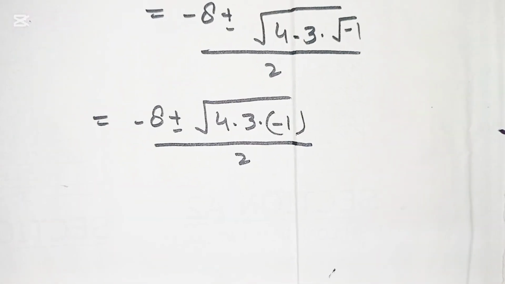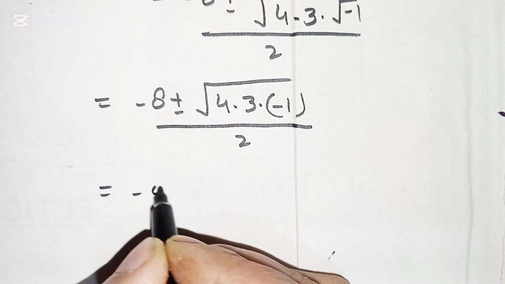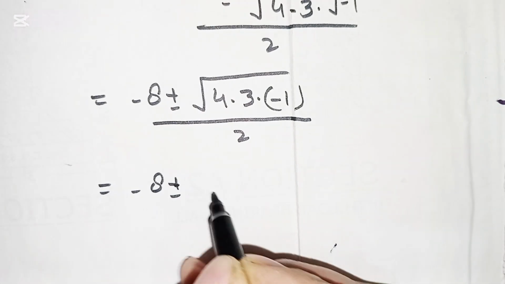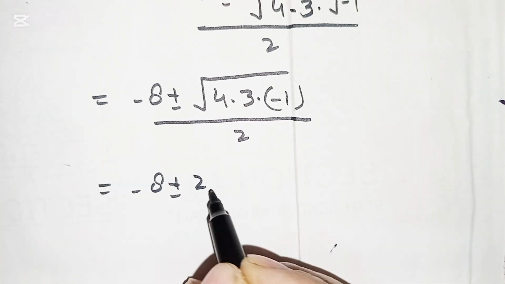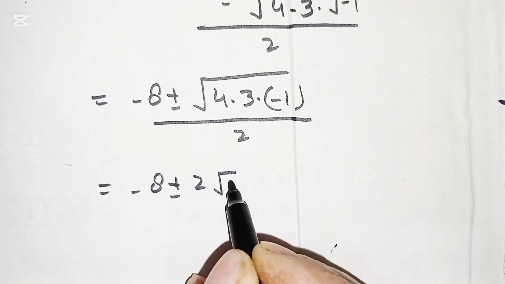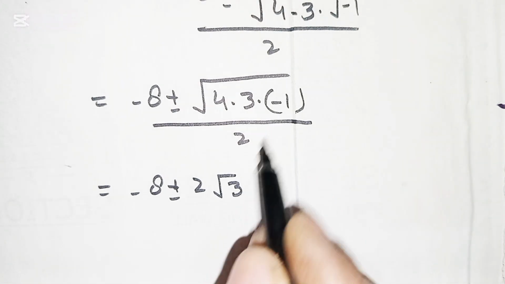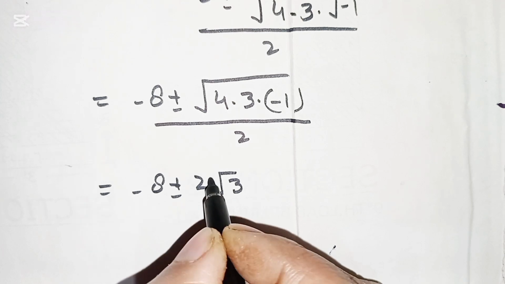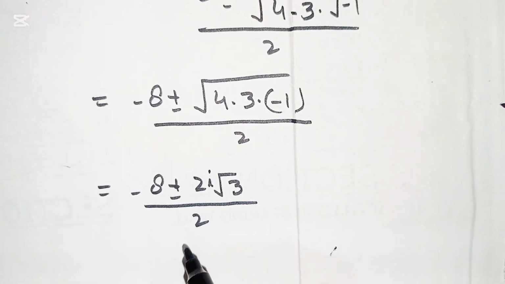And now minus 8 plus minus, and this square root of 4 can be written as 2, and square root of 3, and this square root of minus 1 can be written as i, then over 2.